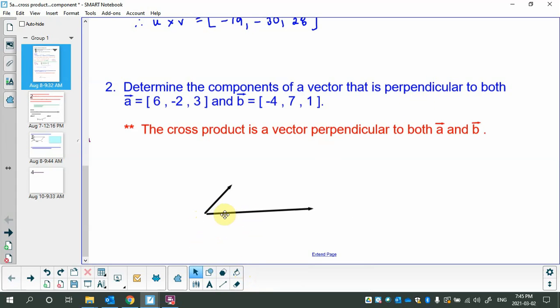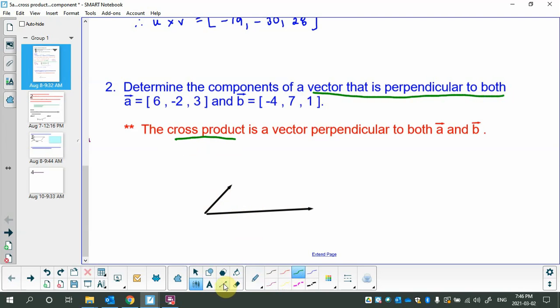So it would be perpendicular to both vector A, let's call this one A, and B. So it would be poking us in the face, and that would be perpendicular to both of these. And that's the cross product. So if I ask you for the cross product, and I ask you for a vector perpendicular to 2 other vectors, that is the cross product.